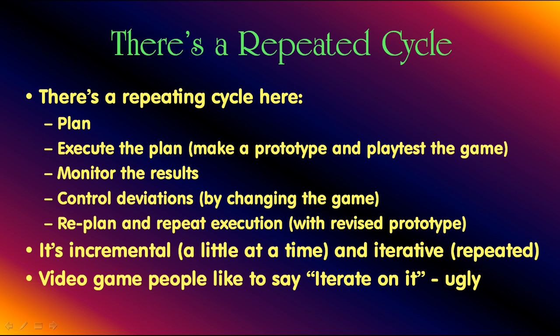You monitor the results. If things don't go the way you want, you control the deviations by changing the game. Then you replan and repeat the execution. So you keep doing this in a circular form. It's incremental, a little at a time, and it's iterative, in other words, repeated. Video game people like to say "iterate on it," which is really ugly, but it's a common phrase.